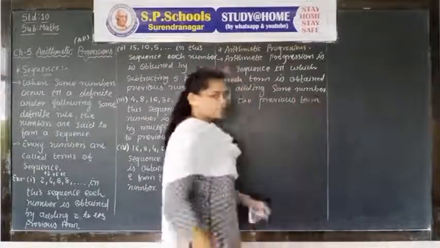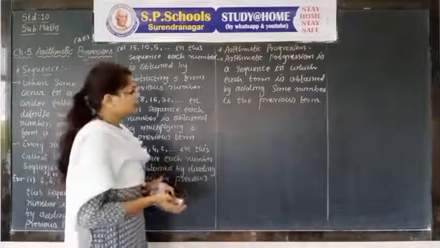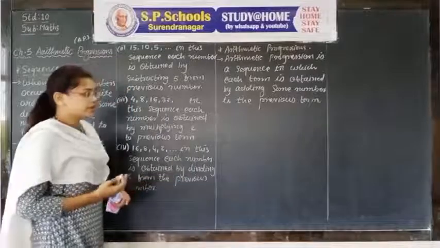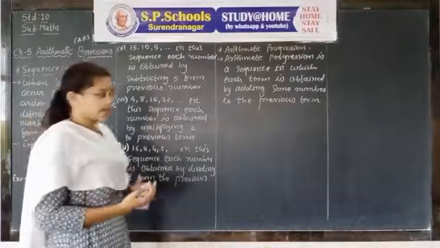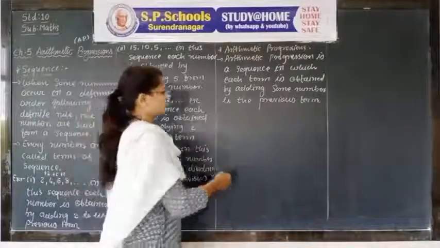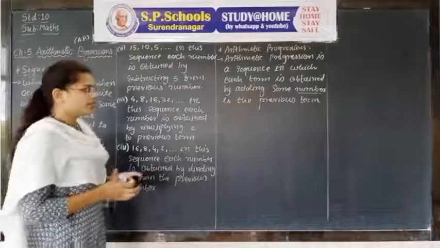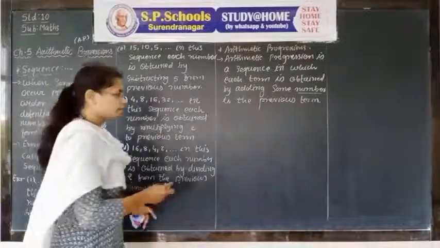But we accept the first term. We take the first term as any number, then we add some specific number to the previous term and we get an arithmetic progression. In arithmetic progression, the specific number we add to a previous number is called the common difference.